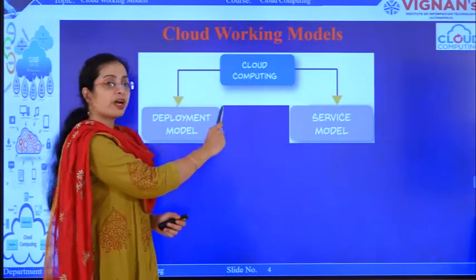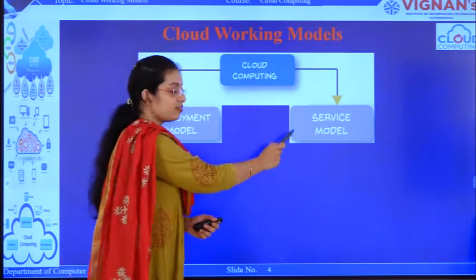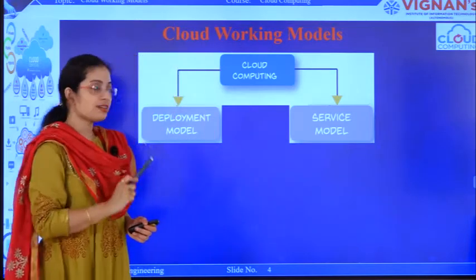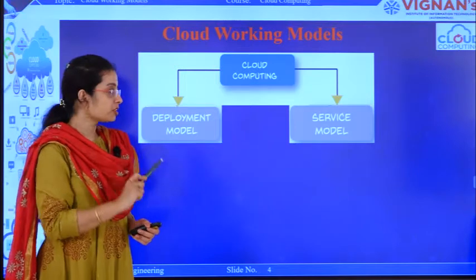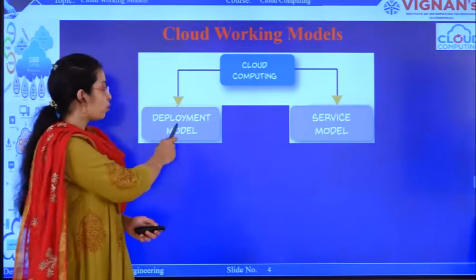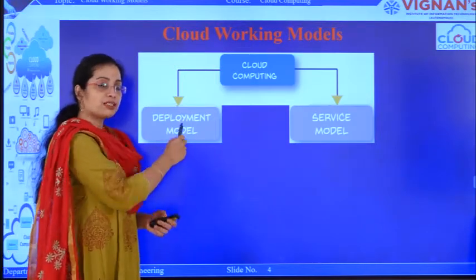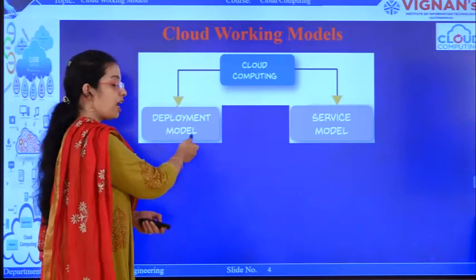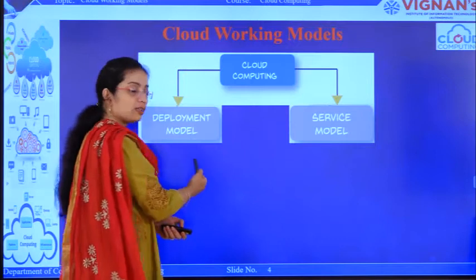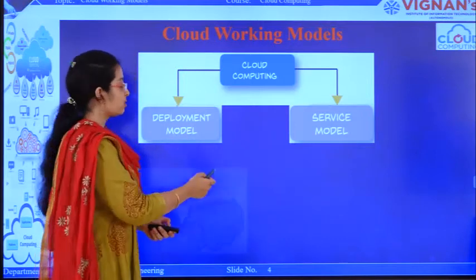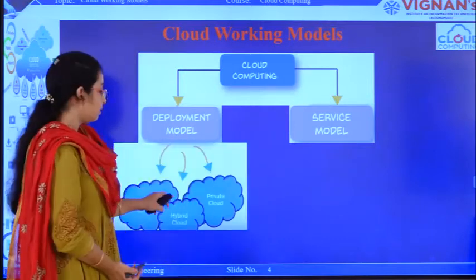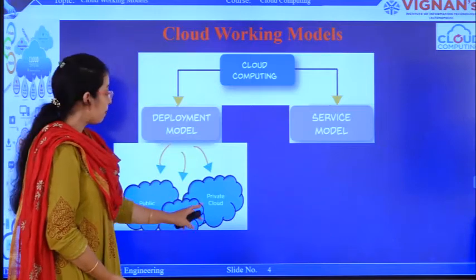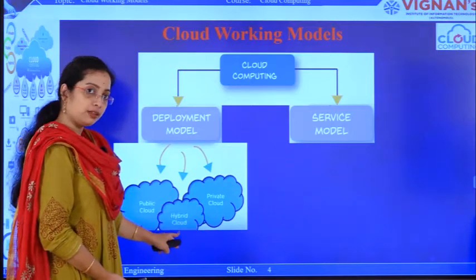The service models act as the reference models on which the cloud is based. The deployment models provide the type of access we have for the particular cloud. These two working models are again categorized into sub models. Here let us list them out. They are the public cloud, the private cloud and the hybrid cloud.